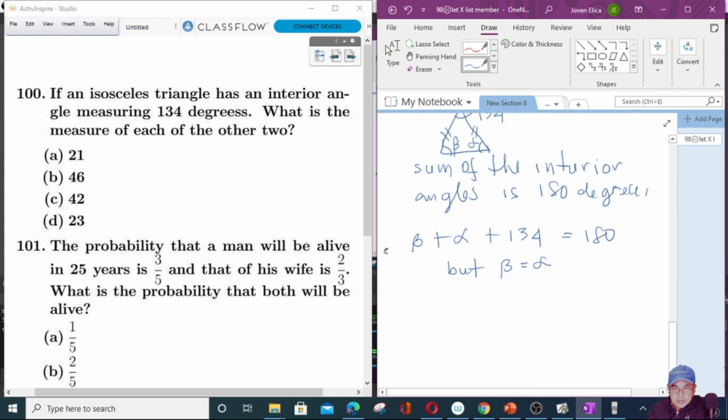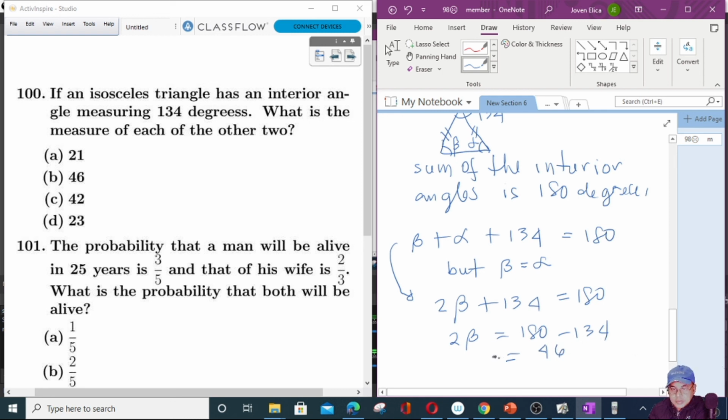So this equation becomes 2 beta plus 134 is equal to 180. 2 beta is equal to 180 minus 134, which is 46.